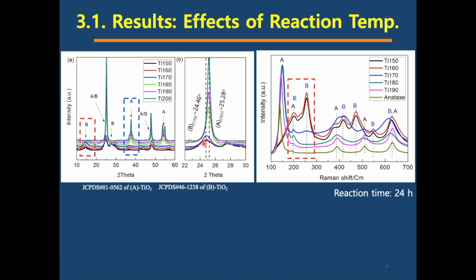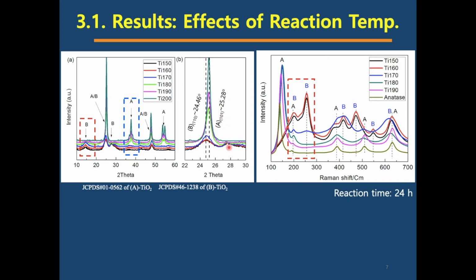Also, in this magnified XRD at a short range, we can see the broad peak, which is composed of B phase and anatase, and the peak is shifted to high angle due to the coexistence of the anatase phase.